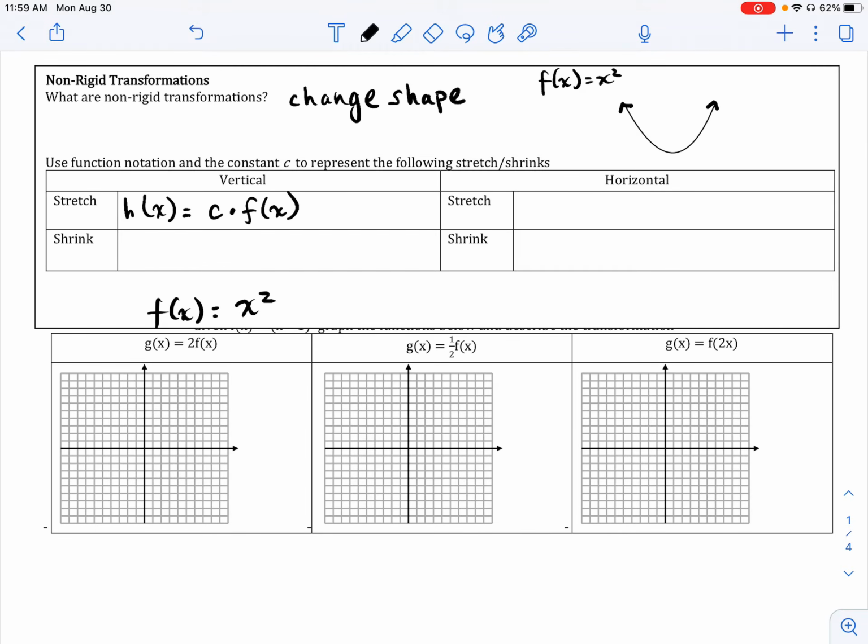So our original parent function times c, if that c value is greater than 1, then we have what's called a vertical stretch. If that c value is less than 1, but still greater than 0, because if it's less than 0, now we also have a reflection, then we're looking at a vertical shrink.